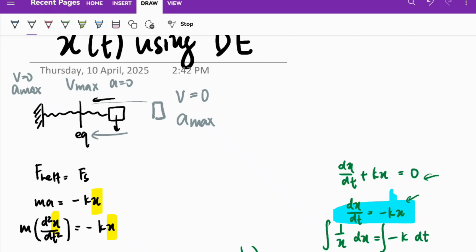That is why your acceleration is maximum. And when the acceleration is at its maximum point, your velocity is 0, because acceleration is the rate of change of velocity. When you are at the equilibrium position, your acceleration is 0. You don't need acceleration because you're already at that point. You don't need to restore anything, right?